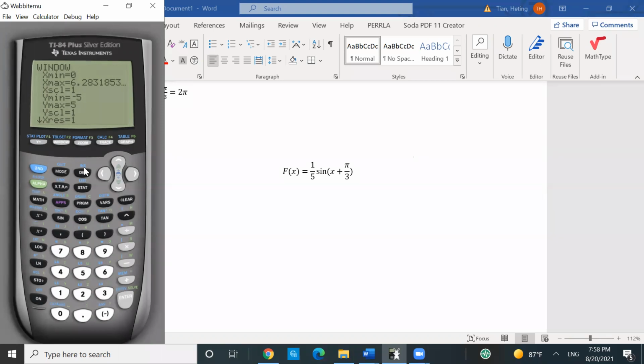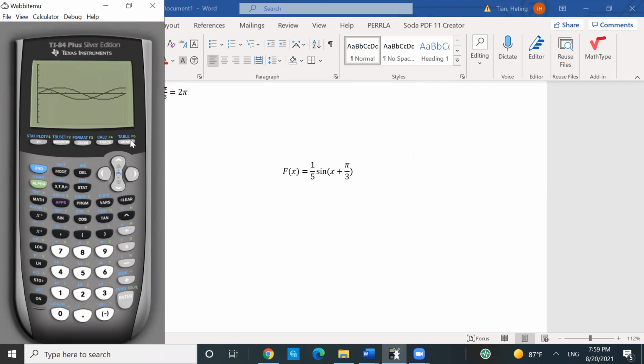Delete the 0, and then let's hit graph. So now the graph is much better. If I want another function, let's try cosine x. Cosine, click x, close the parentheses, and then hit graph.